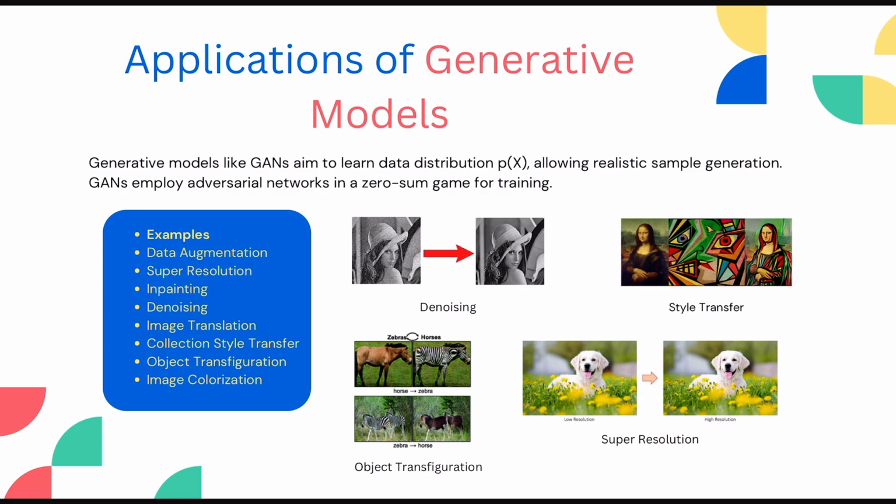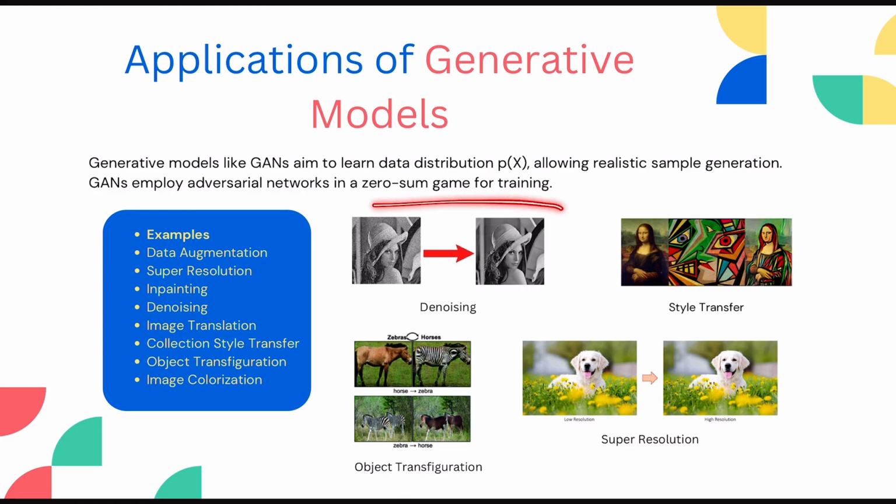So GAN was one of the pioneers in creating these generative AI models. Examples of GAN applications include data augmentation, super resolution, inpainting, denoising, image translation, style transfer, object transfiguration, and image colorization.